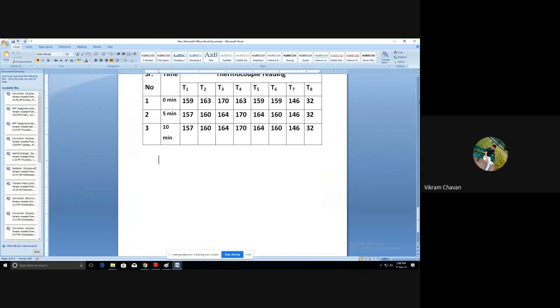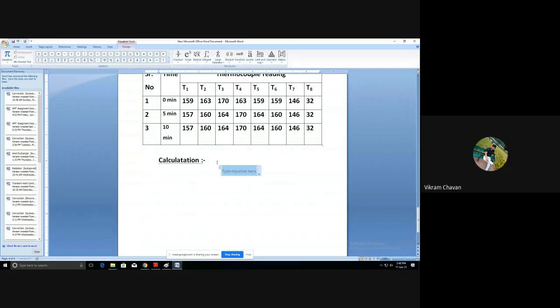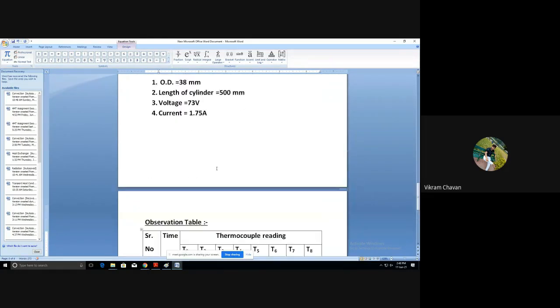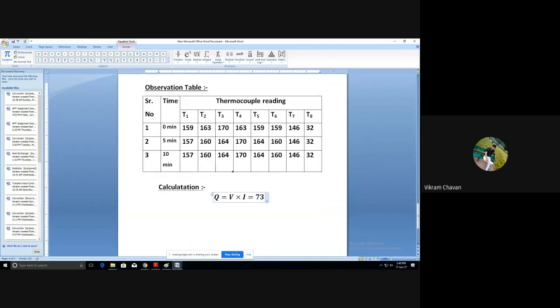First of all, we have to calculate Q. Q is equal to V multiplied by I, which is equal to 73 multiplied by 1.75, and it will be in watt.